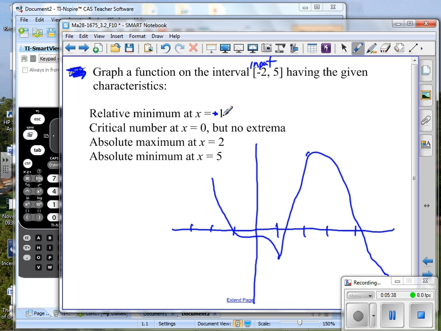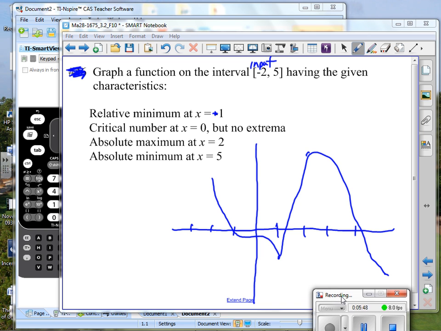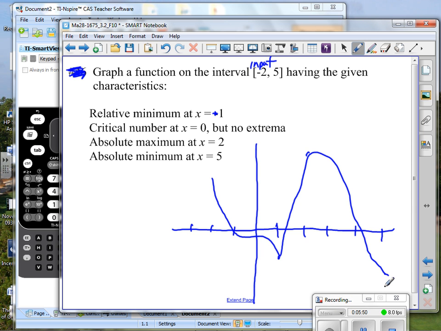But assuming that it's a positive 1, he's got a relative minimum here. This is 2, a maximum. And then a minimum here. And if this is 5, we just stop it there. An absolute here, and he made sure that that was higher than what he started at over here at -2.